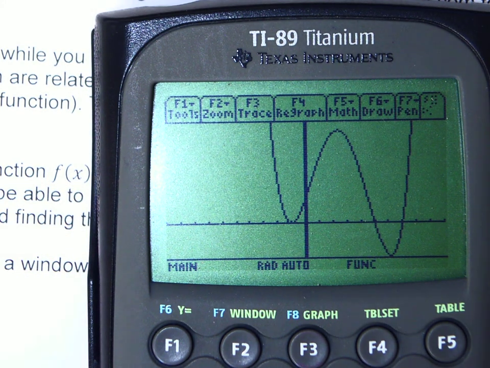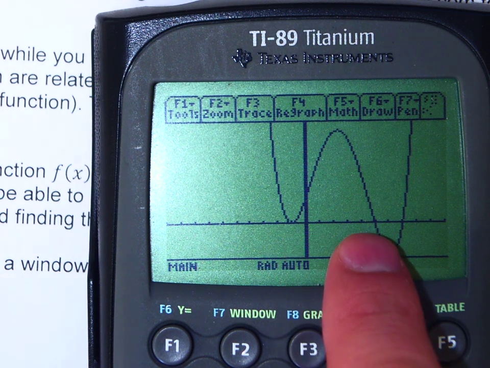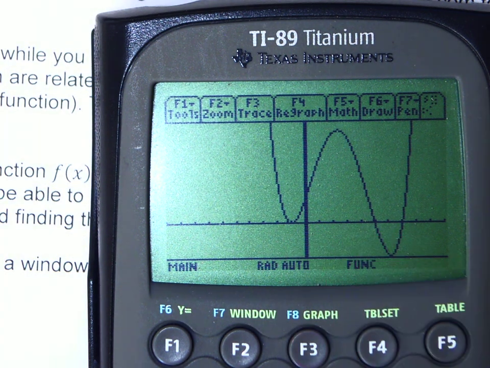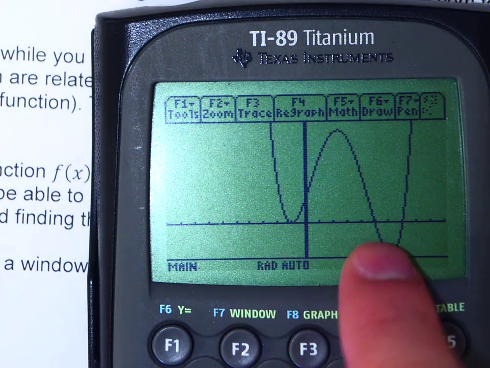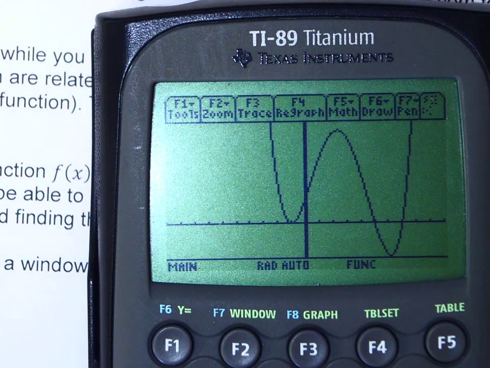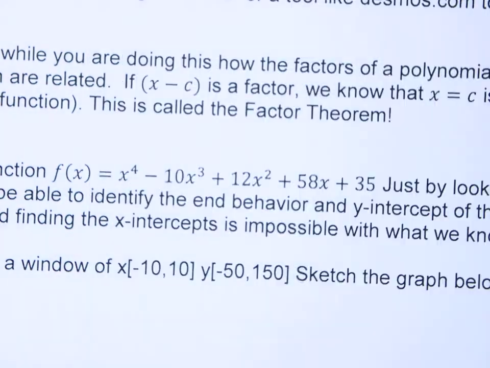So by looking at this graph, we can start to see we've got a zero there, and its multiplicity is 2 because it bounces off, and we've got two other zeros there. That should be all four of them. So we can use our calculator to find these zeros, or we can look and say, well, that looks like it's at -1. That looks like about a 5, and then that one looks like it's about at 7. Based off of that, we have an idea of where we should start and what factors we should look for.